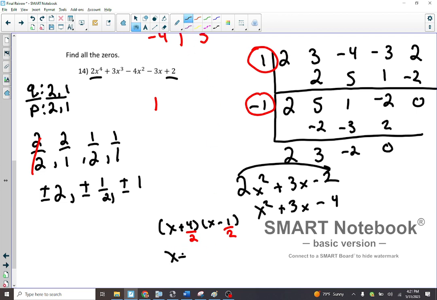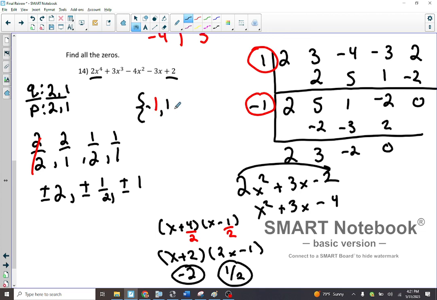So x plus 2, 2x minus 1, and then solve for each one. Negative 2 is one of my other answers, and 1/2 is another answer. So in your multiple choice, technically we'll have this kind of bracket: negative 1, 1, 1/2, and negative 2.